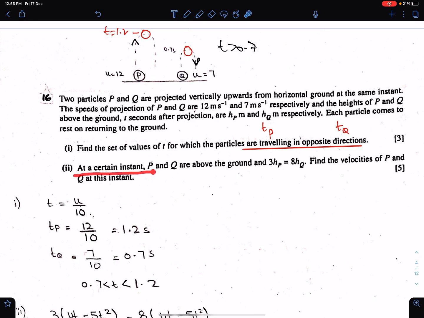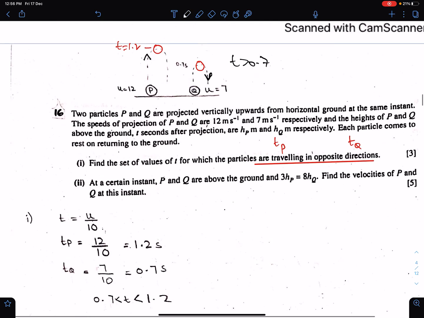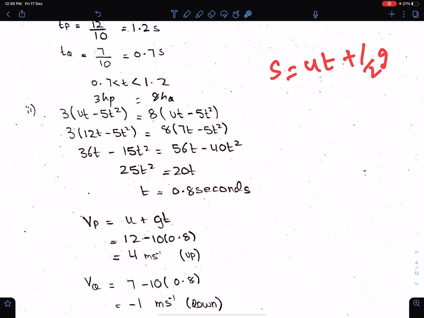At a certain instant, P and Q are above the ground, and find the velocities of P and Q. So with the help of this equation, we will first find the value of t, and then we can easily find the velocities of both the particles. The equation is 3hp equals 8hq. So we need to use this equation, ut plus half gt square.